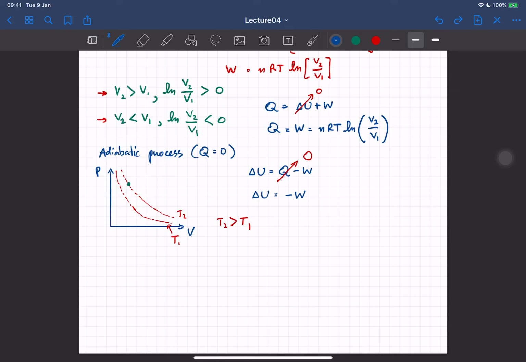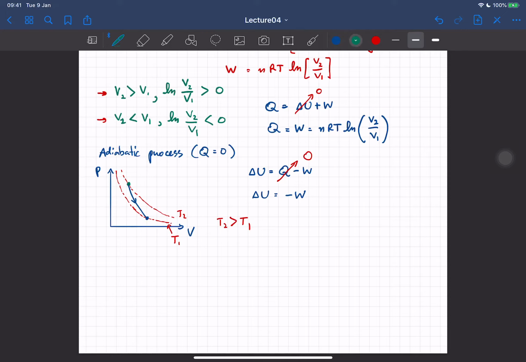But adiabatic is steeper than that. So sometimes it's going to be something like this. So it ends up here. Okay? Which makes sense because in an adiabatic process, temperature is not guaranteed to be constant. Actually, temperature cannot be constant because otherwise you do nothing. Okay? So that's the adiabatic process.